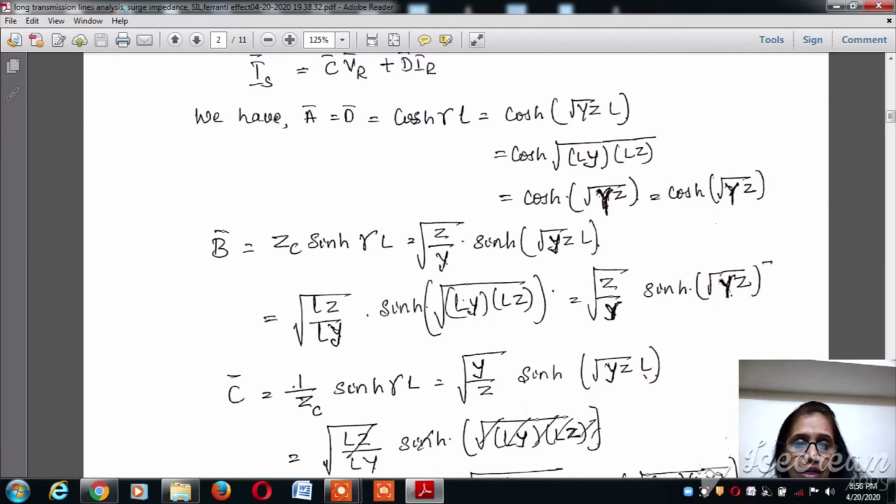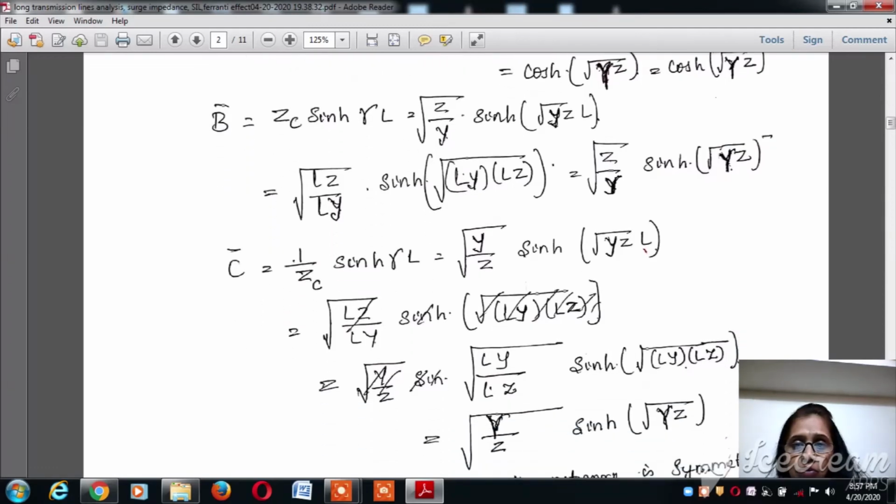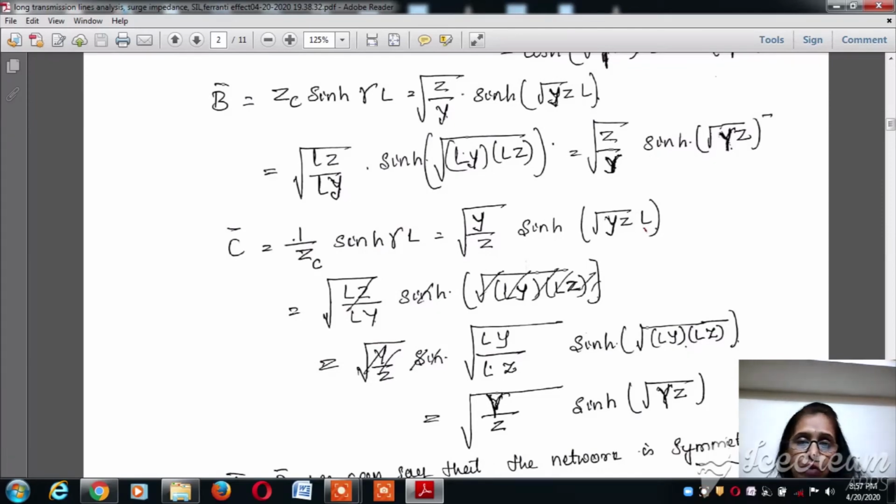Zc is equal to square root of Z divided by Y, and γ is the propagation constant, root of YZ into L. Substituting and simplifying, we get root of ZL divided by LY into sinh of square root of LY into LZ, which is equal to square root of Z divided by Y into sinh of square root of YZ.